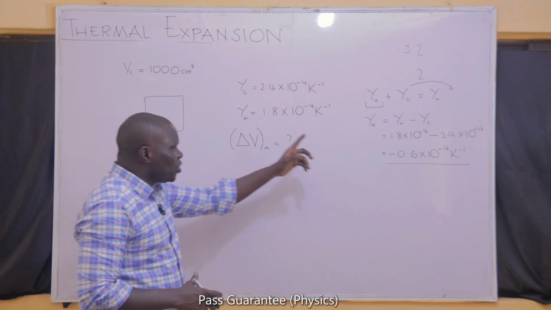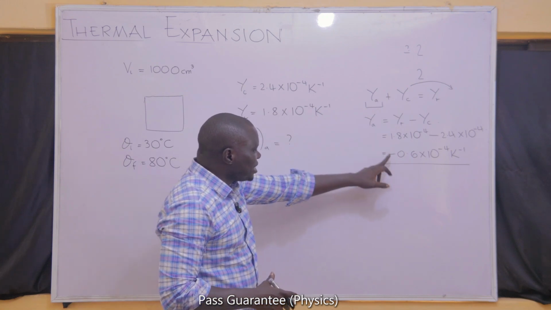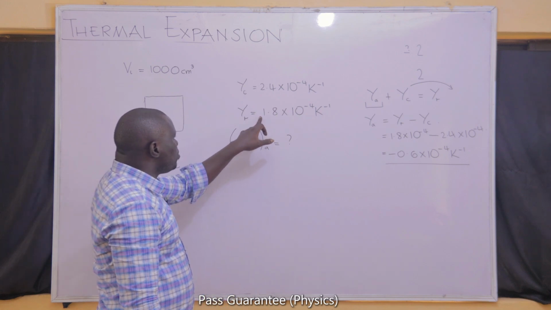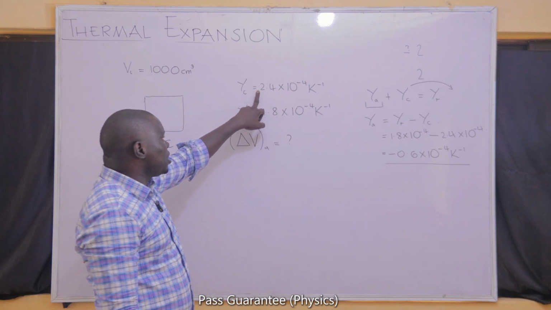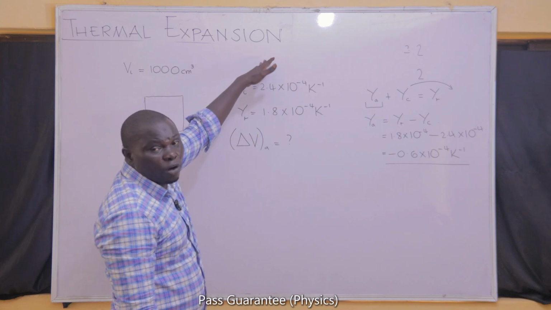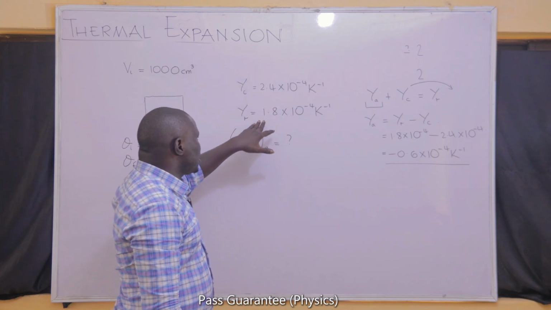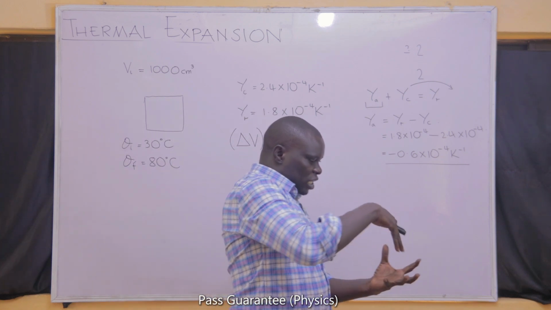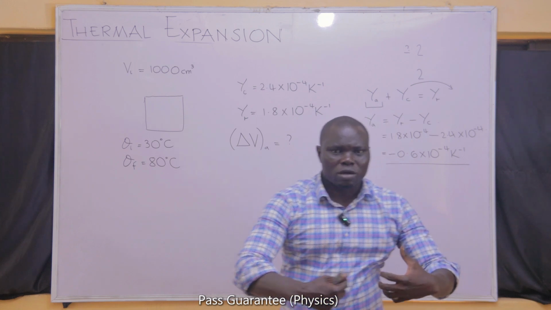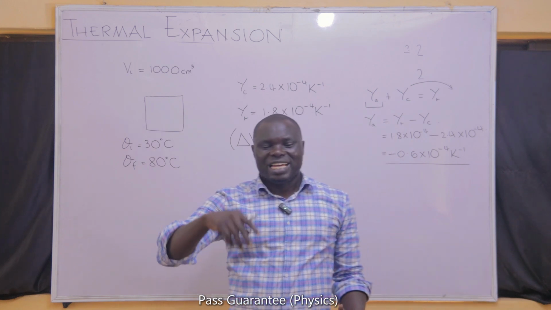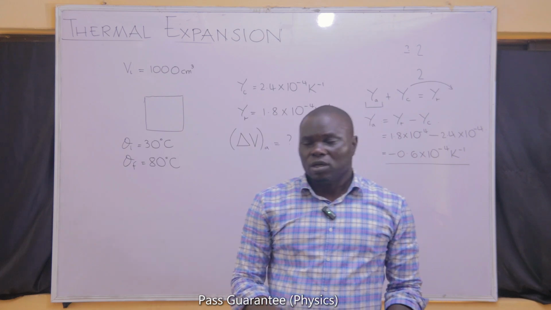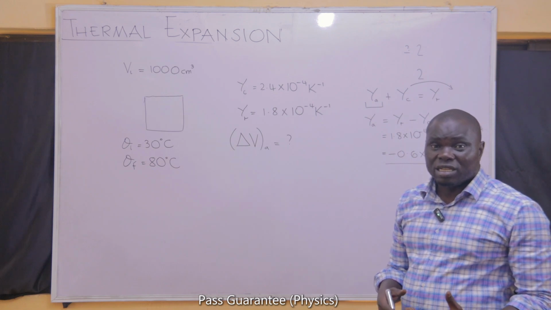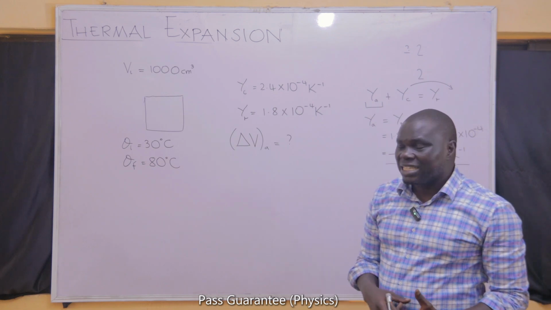But inside the container, it's going to appear as if it will contract, because its expansion is not up to that of the container. While the container will expand in the range of 2.4, the liquid will expand in the range of 1.8. So when you put the liquid inside the container, it will create more space within it than the liquid will be ready to fill. Because of that, it will give you an impression that the liquid has not expanded, that instead it has even contracted.